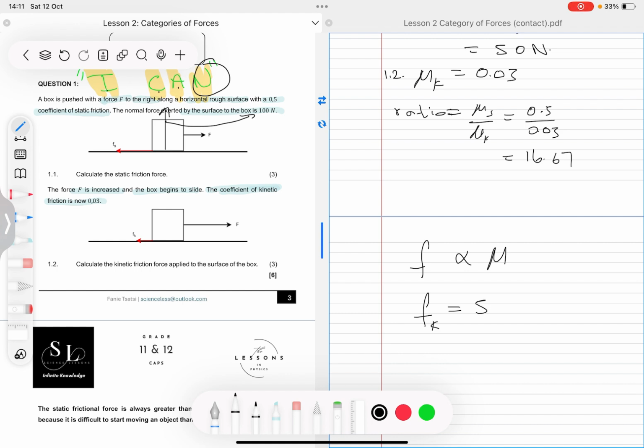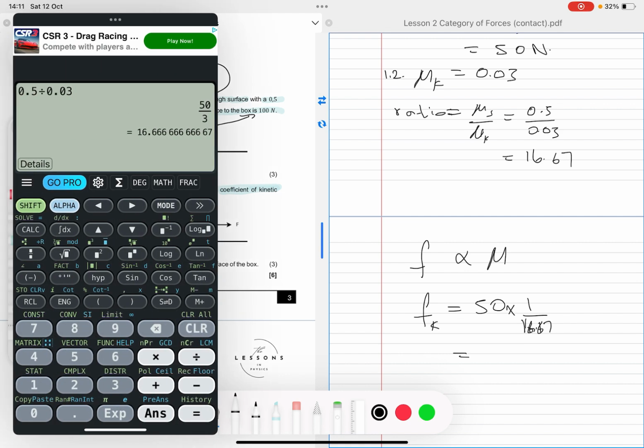So that means we can take the 50 that we had for static friction force and multiply it by 1 over 16.67. We drop it because we want it to be smaller. So now this would be that answer times 50.